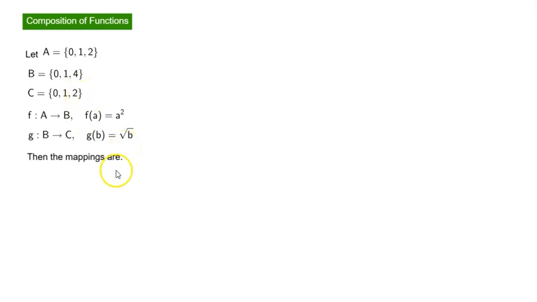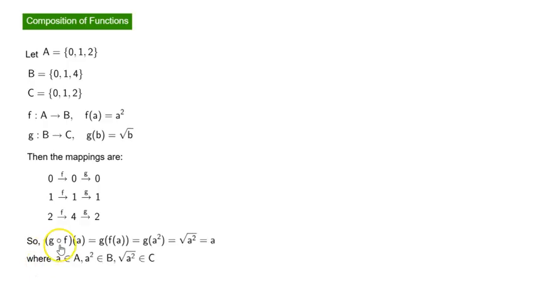Since there are only three elements, we can actually do the mappings. 0 maps to 0 by the function f. 0 square is 0. And then square root of 0 is 0. Then f maps 1 to 1, g maps 1 to 1. Then f maps 2 to 4 and g maps 4 to 2.